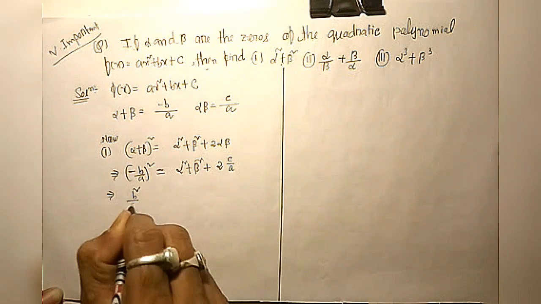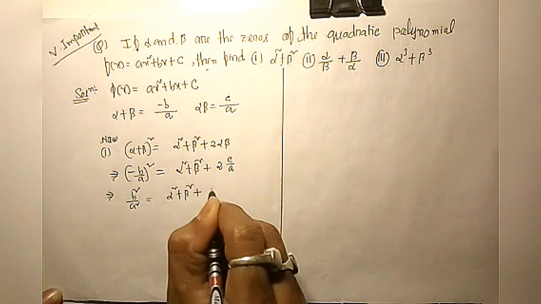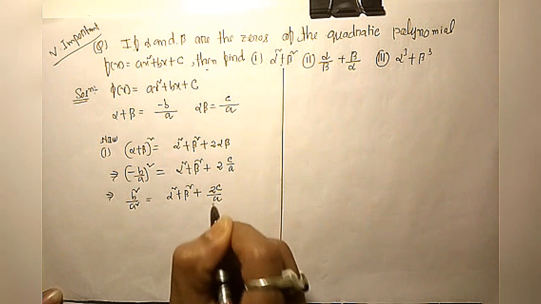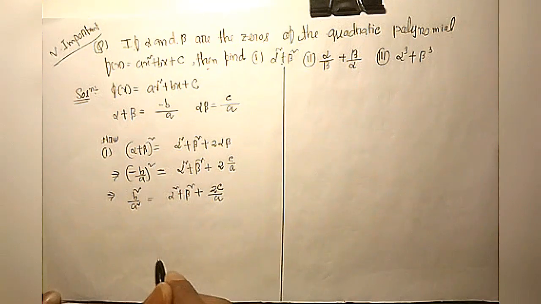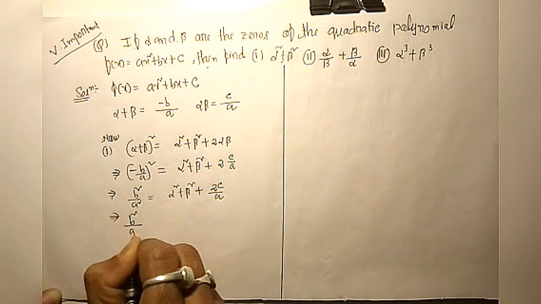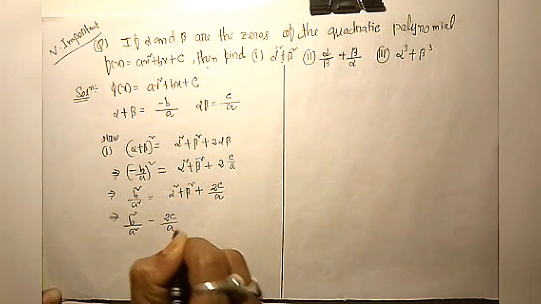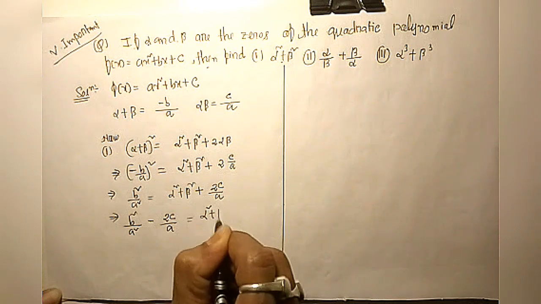Minus b by a whole square means b square by a square equals alpha square plus beta square plus twice c by a. So b square by a square, transposing twice c by a to the left, minus twice c by a equals alpha square plus beta square.